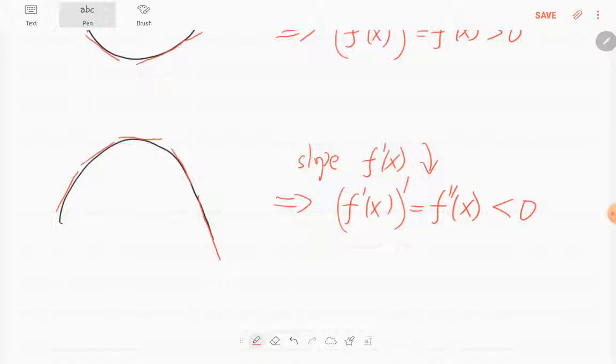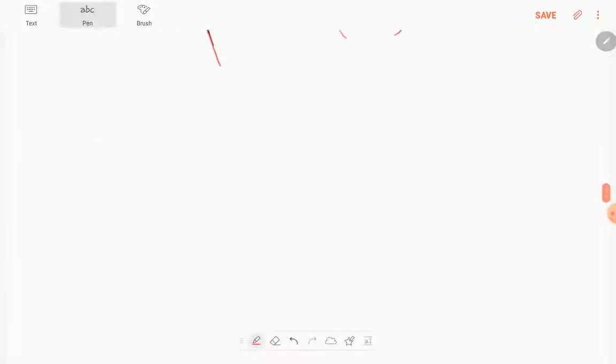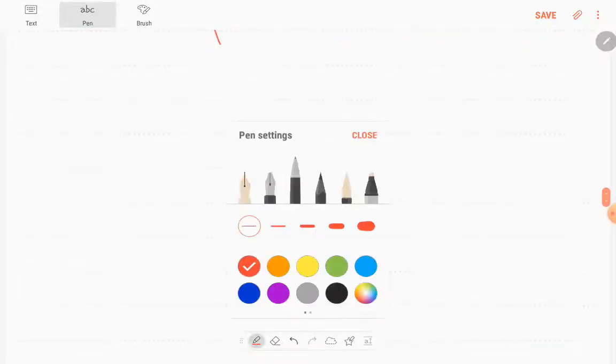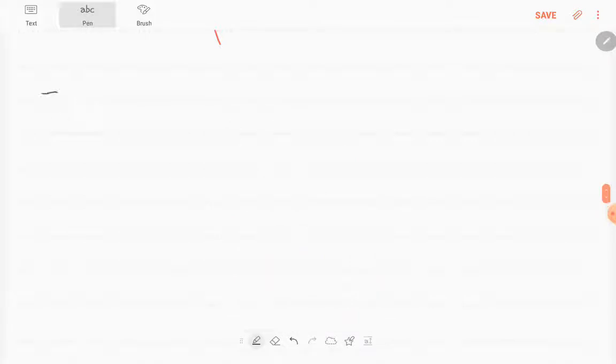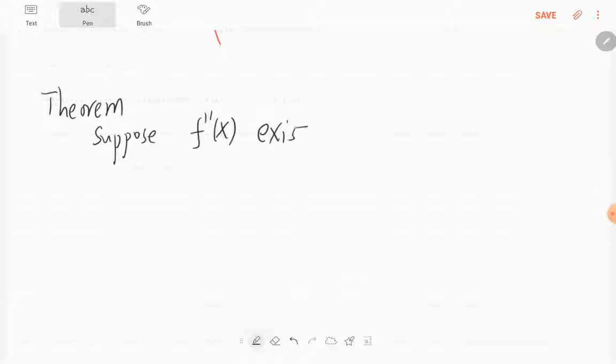Okay, so these observations give you the theorem which is called the test for concavity. Suppose the second derivative exists on the interval from a to b.